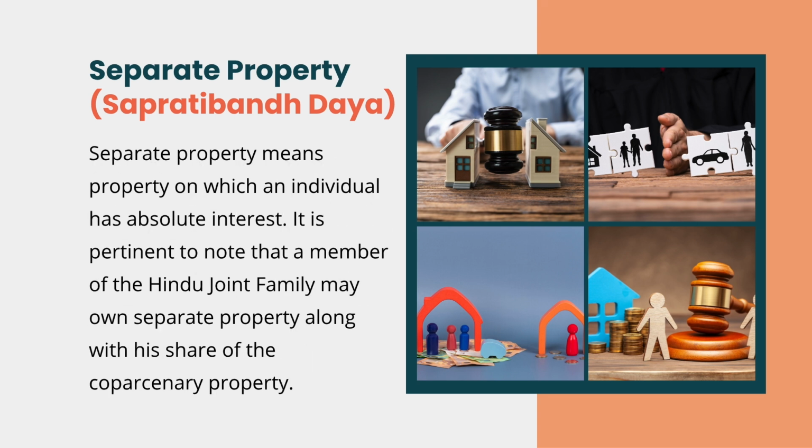Separate property means property on which an individual has absolute interest. It is pertinent to note that a member of the Hindu joint family may own separate property along with his share of the co-partnership property. The concept of separate property can be explained as follows.